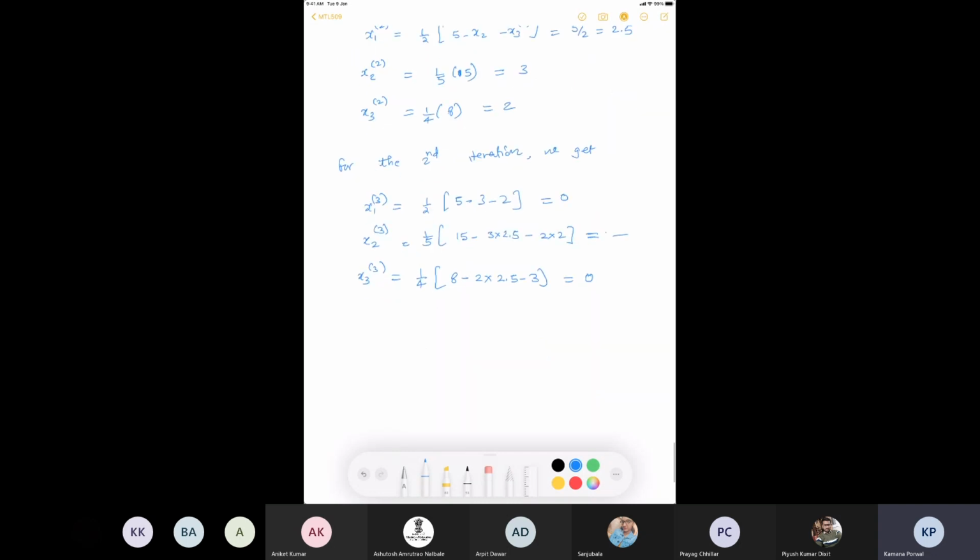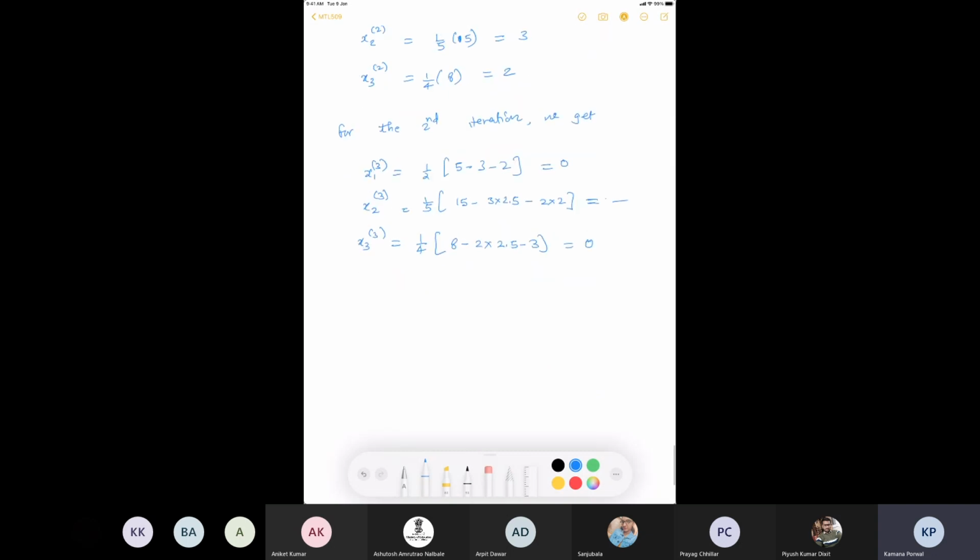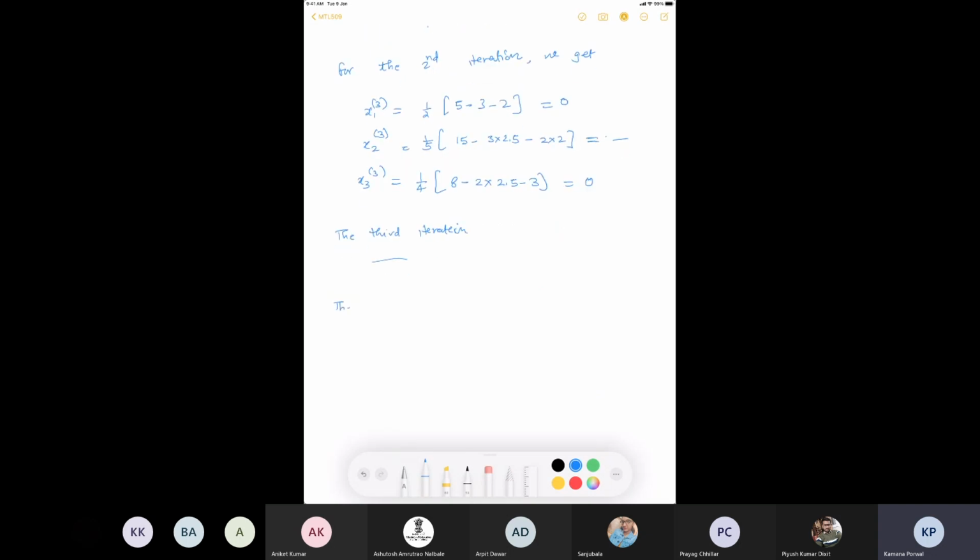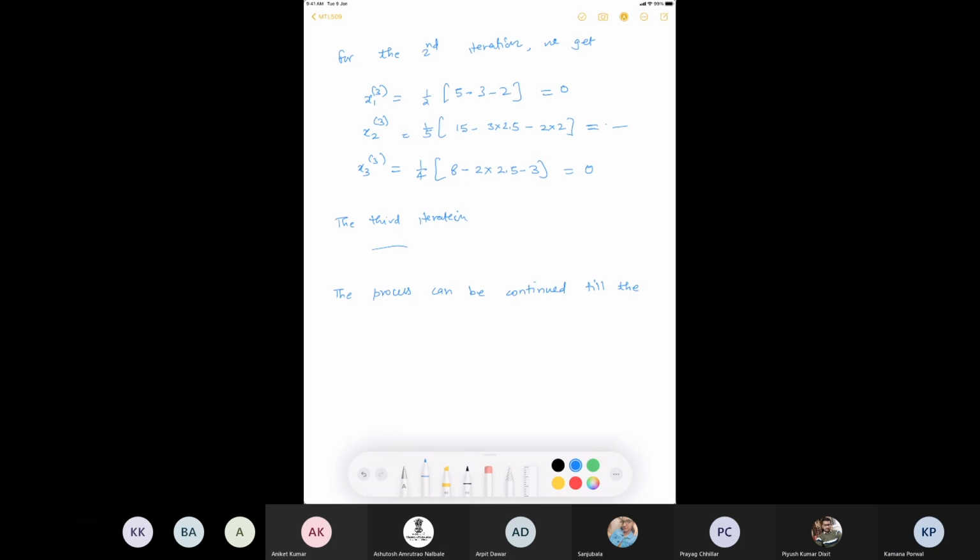Okay, and likewise you can continue until you get the desired accuracy, right? You can compute the third iteration. So this you can write down, what output you're going to get, and you can continue the process till the desired level of accuracy is achieved.